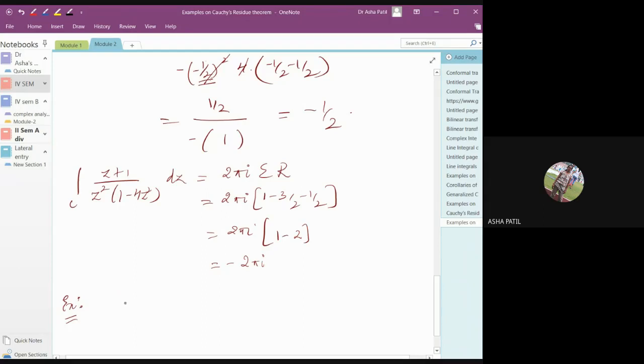Evaluate integral C sin pi z square plus cos pi z square divided by z minus 1 whole square into z minus 2 dz, where C is mod z equal to 3.